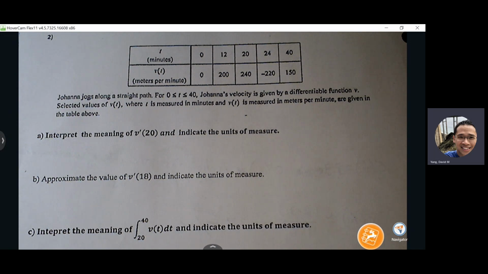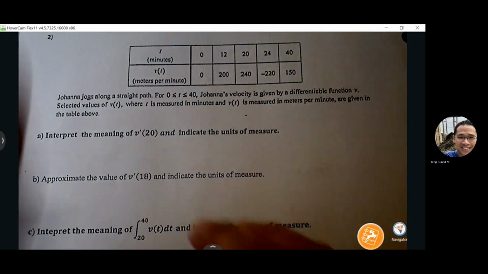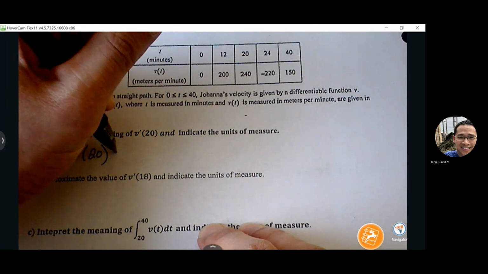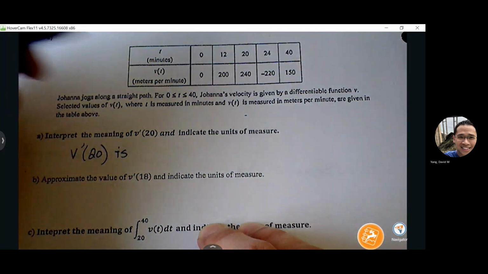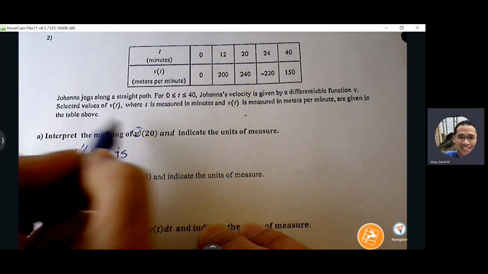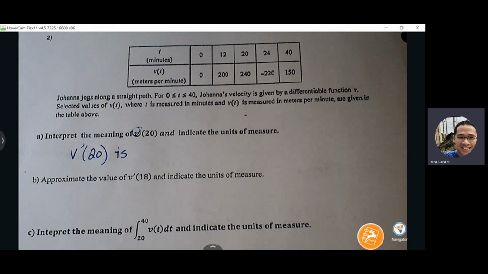Okay, so interpret the meaning of v prime of 20 and indicate units of measure. So anytime I see prime, I know you want to say acceleration, which is fine, but another way to say it is what?